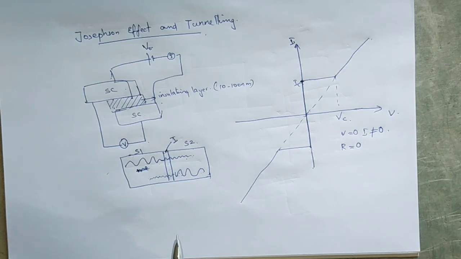Once again, the wave functions are interfering in the junction. The junction has a thickness of the order of the coherence length. That obviously leads to the flow of the current.